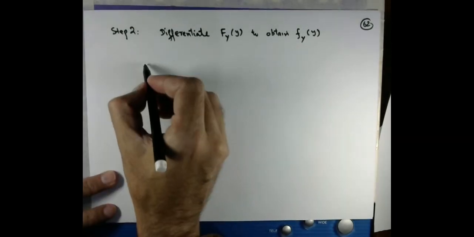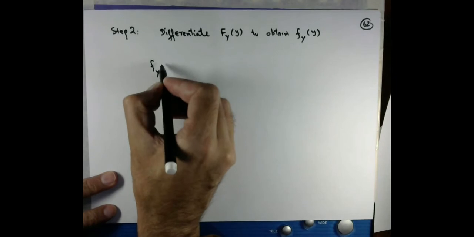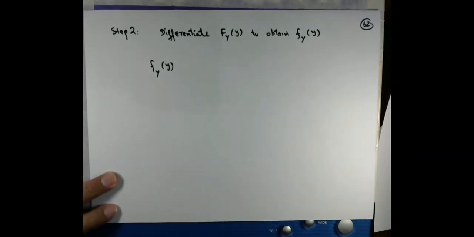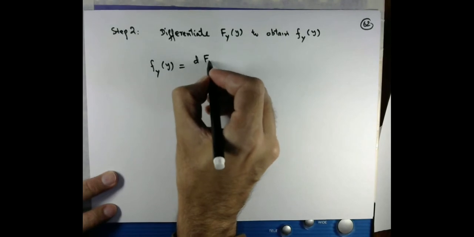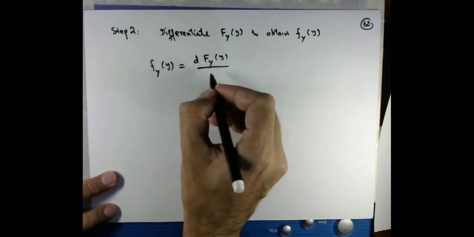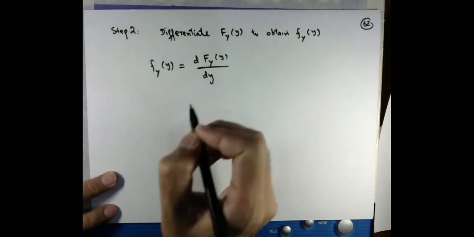So our PDF of the derived random variable is simply d f sub y of y over dy.